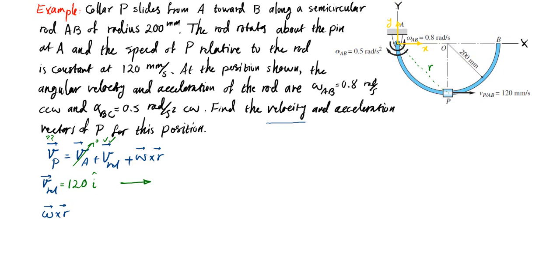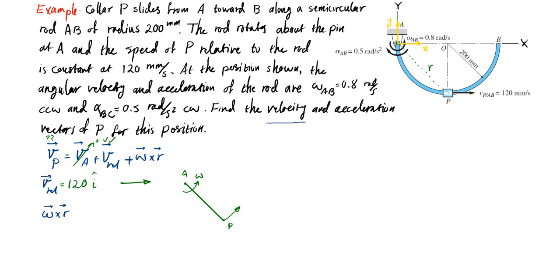Let me draw it here: the imaginary line between point A and point P would be the direction of R, and omega is the angular velocity of the frame.